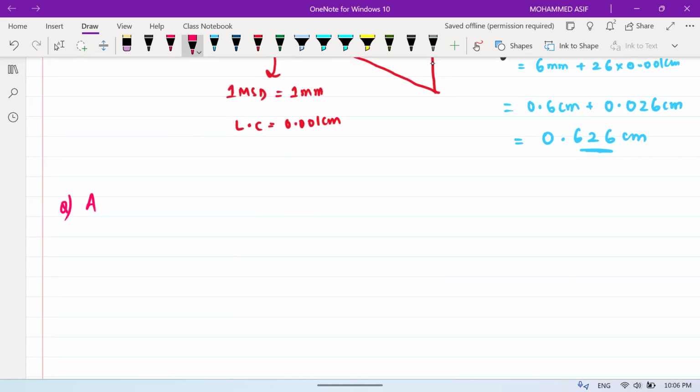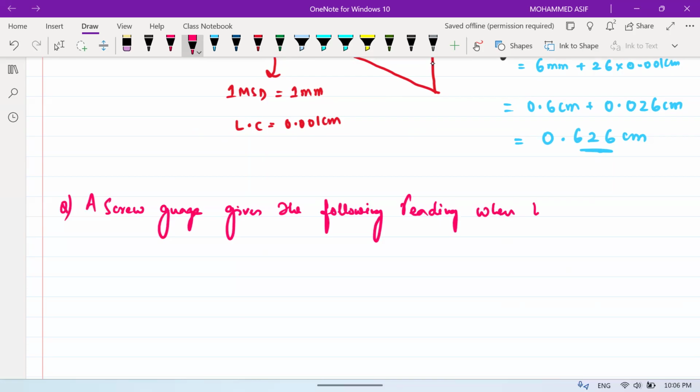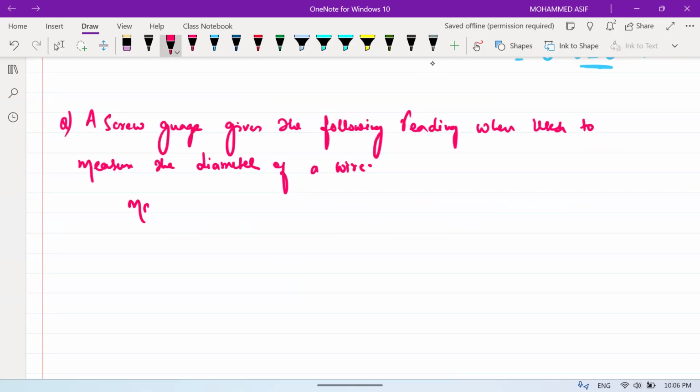Say for example, we have a screw gauge which gives the following readings when used to measure the diameter of a wire. Main scale reading is equal to 0 mm.